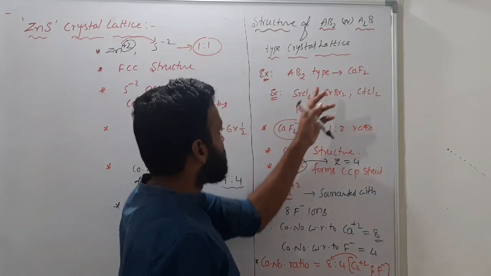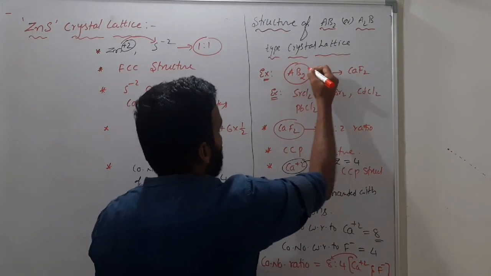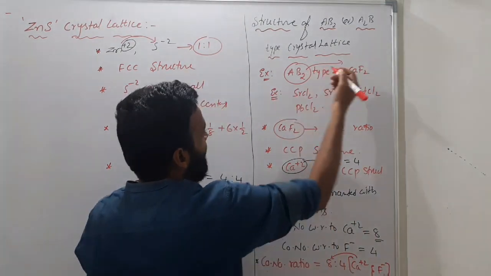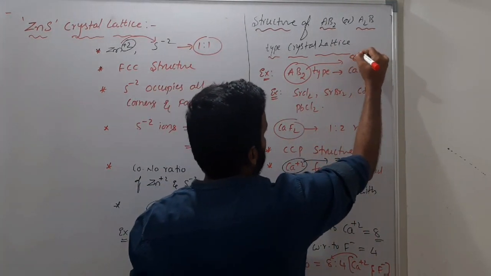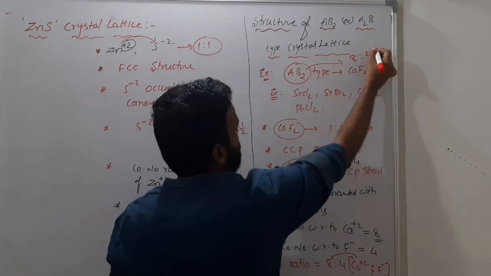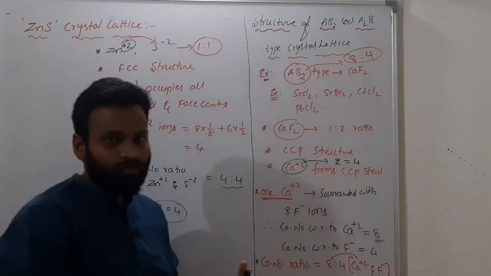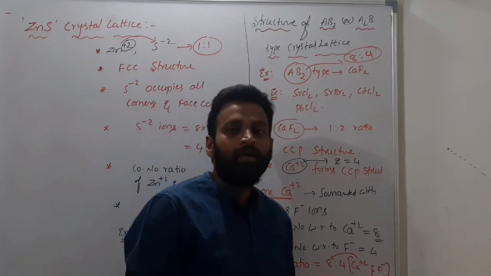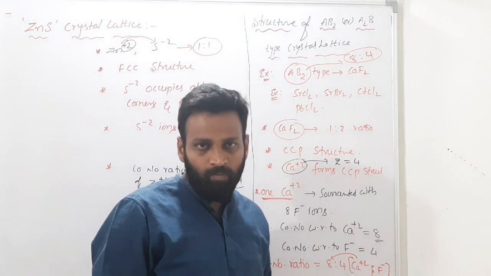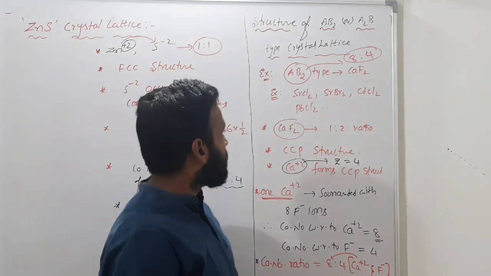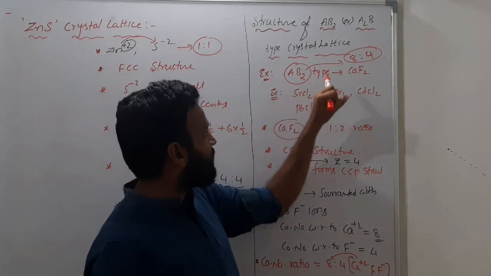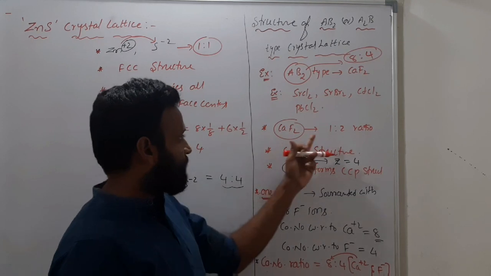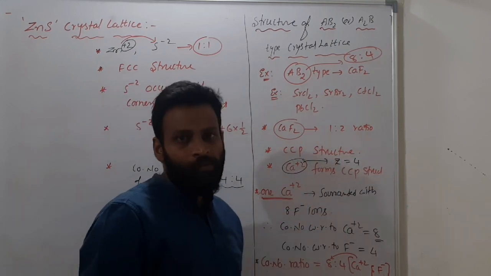Getting what I am saying? This is for AB2. So in general, for AB2 type, the coordination number ratio is 8:4. Got it clearly? So AB2 type all will exhibit this. CaF2 exists in a 1:2 ratio.